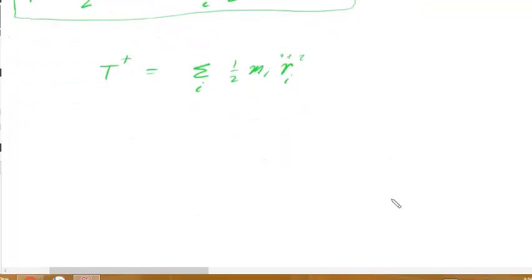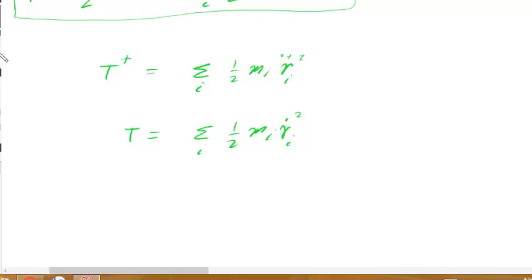Then we take the derivative of the kinetic energy. We know the kinetic energy is equal to the summation of one half m_i r dot i squared.